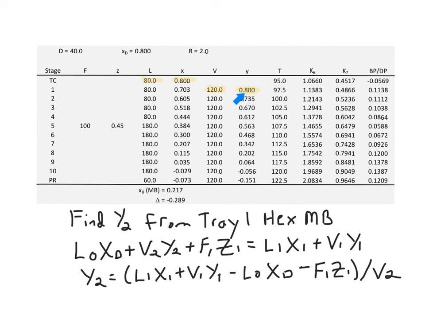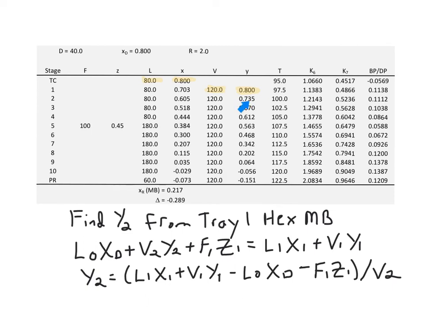Now, we know that the vapor composition coming into the condenser from tray 1 is the same composition as the distillate, and so we use the dew point equation to iterate this temperature to find the temperature of tray 1. Once that's done, these K values should be correct. And now the liquid composition here is just the vapor phase composition divided by the K value.